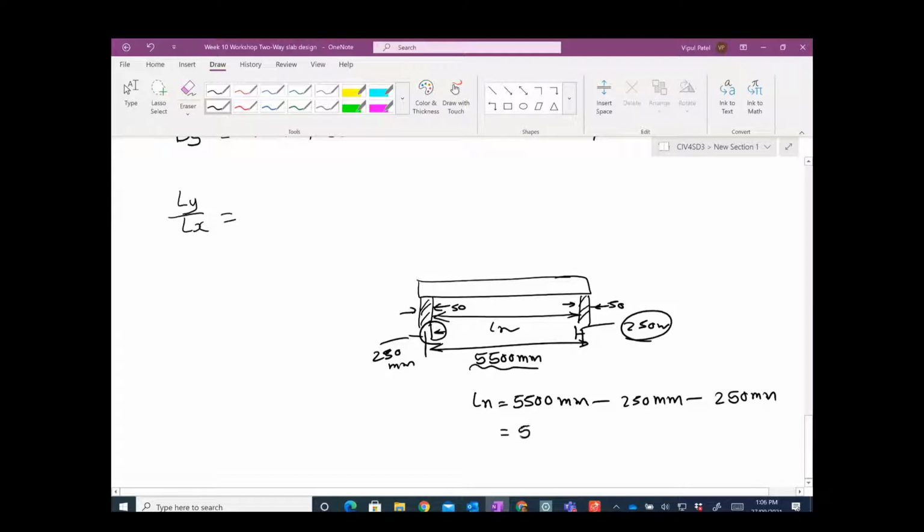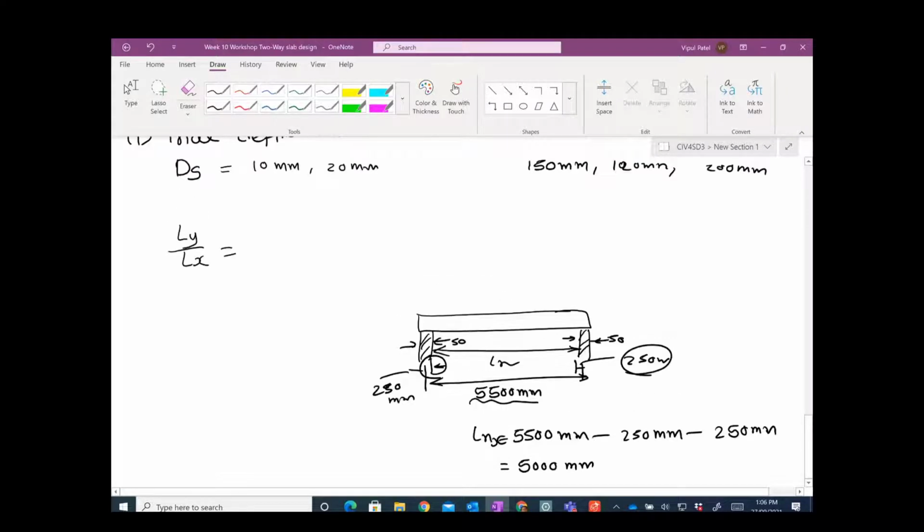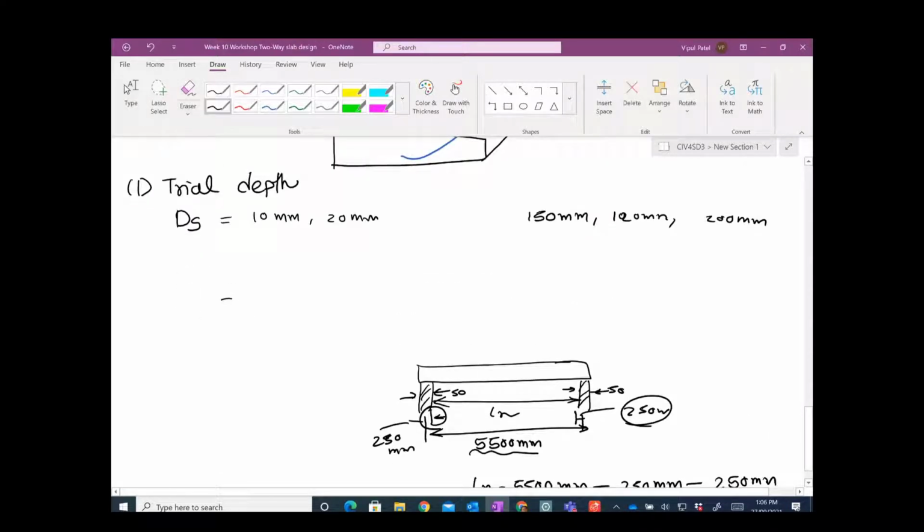You get about 5000 millimeters as lnx. So I found lnx is equal to 5000 millimeters.